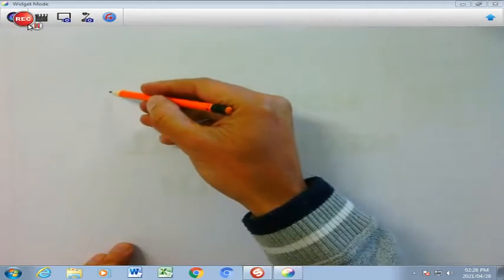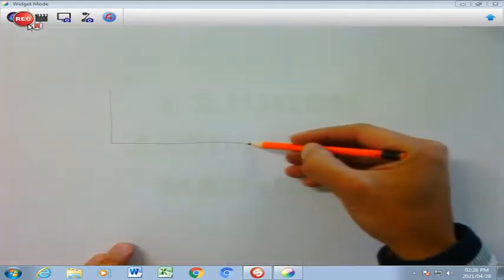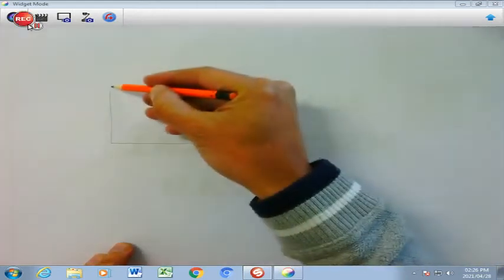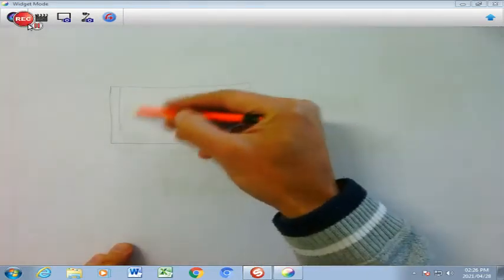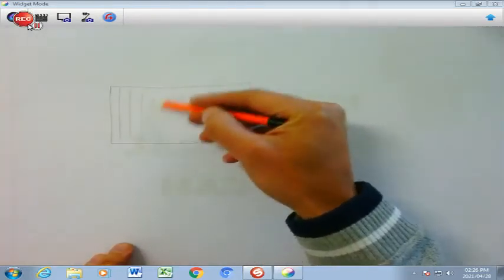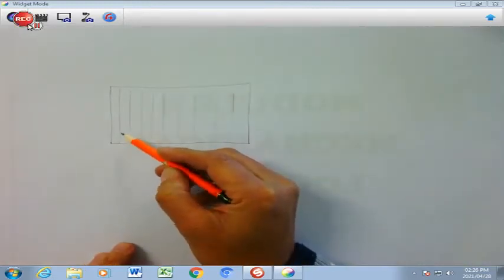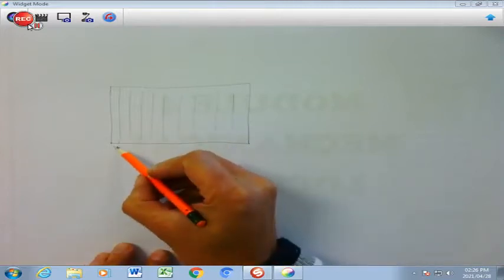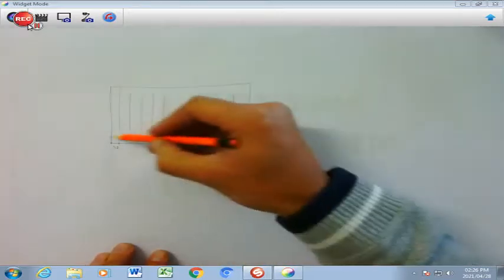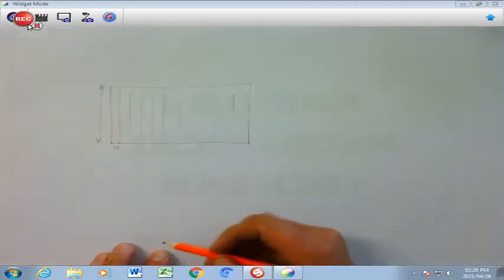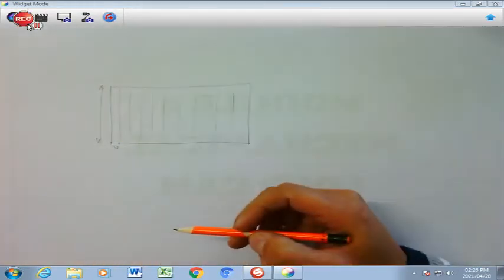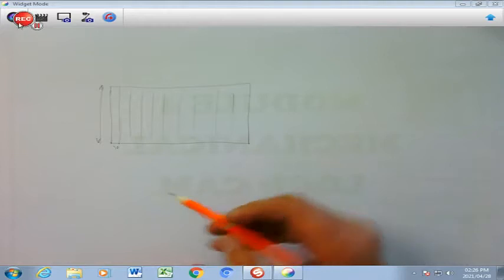On this blank sheet of paper, you are going to be requested to draw a graph which is going to look like that, and the graph will be divided into 12 spaces like that. Each of the spaces will be 30 degrees, and the height of the cam displacement diagram will be in millimeters.